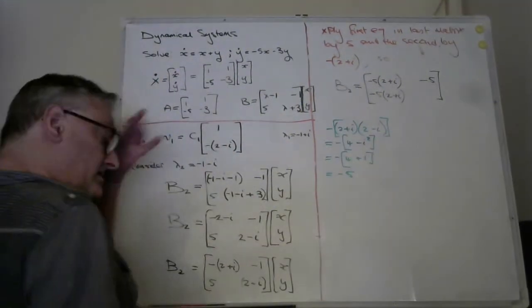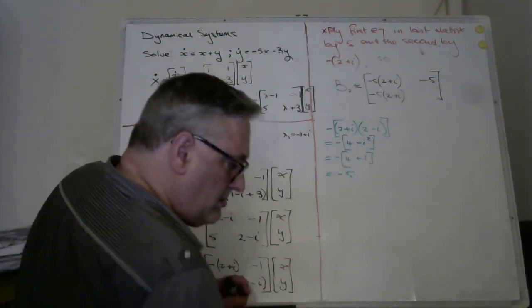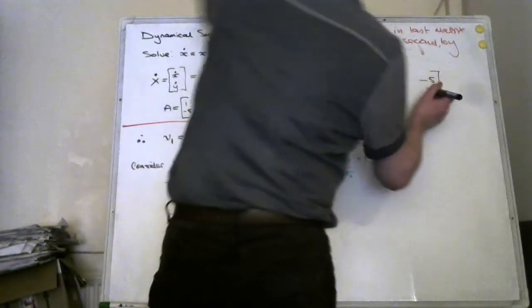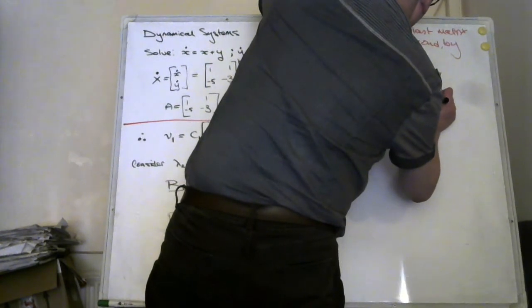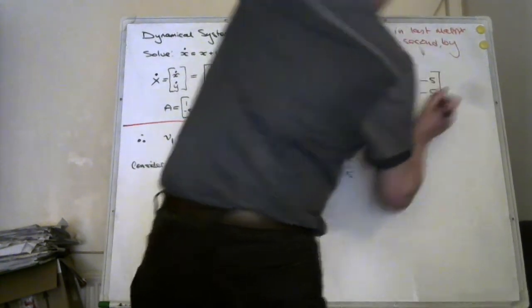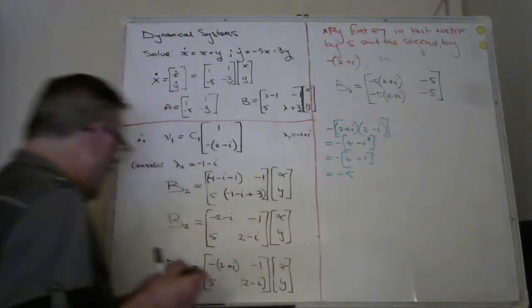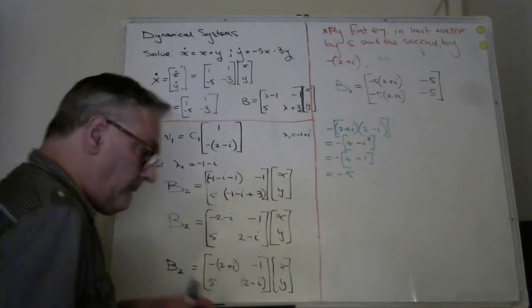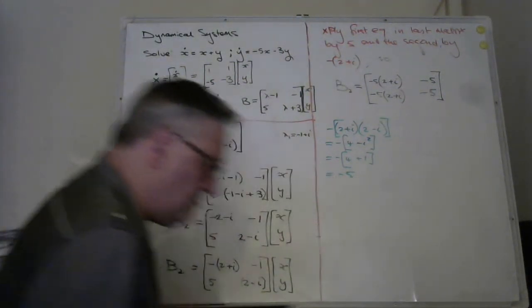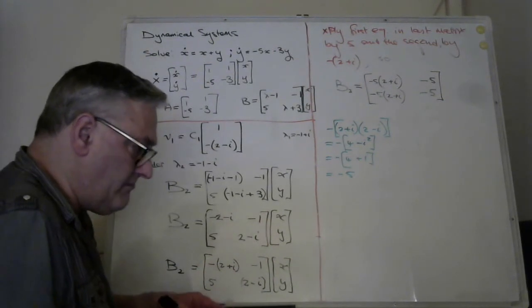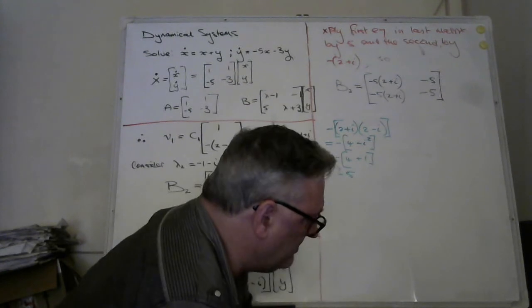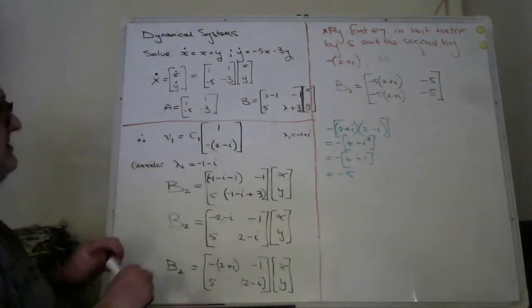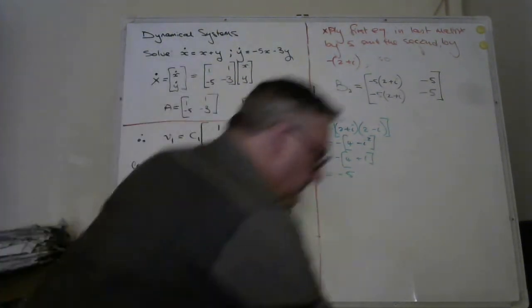Right? So, what we can write up here, again, is minus 5. I'm going to change to a blue pen because we'll use this and see how this goes.